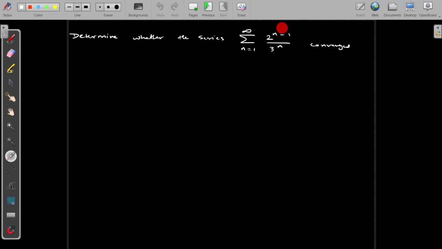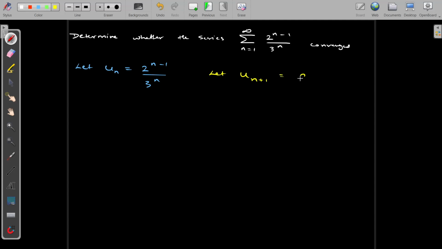So this series given to us, we would represent it as u n. So we would say let u n be equal to 2 to the n minus 1 over 3 to the n. Then we can say let u n plus 1, so what's happening is that we're replacing the n with n plus 1.